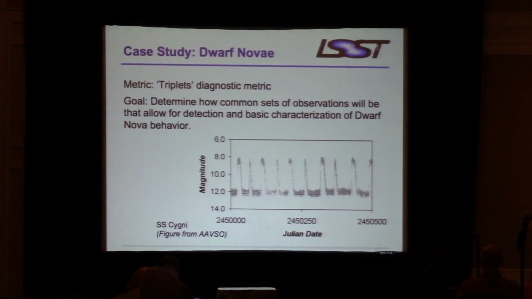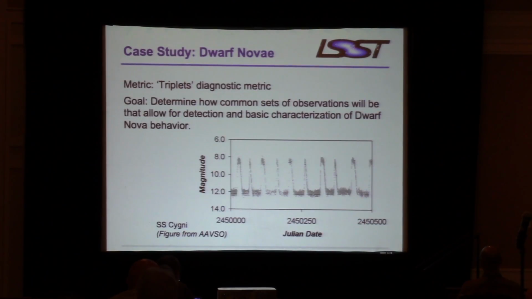To take a look at addressing that, I'm going to look at a brief case study with dwarf novae, really using this to highlight the diagnostic metric that was produced for this. The idea was trying to figure out if we can roughly characterize something like a dwarf nova, where you have a baseline luminosity and occasionally it's brightening.